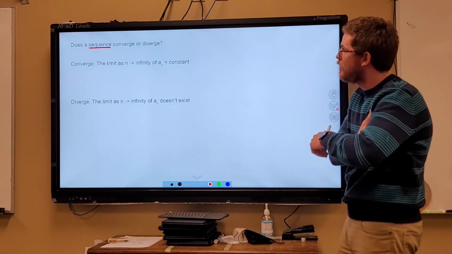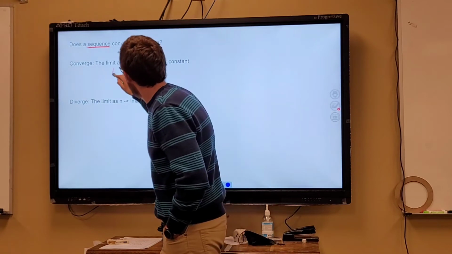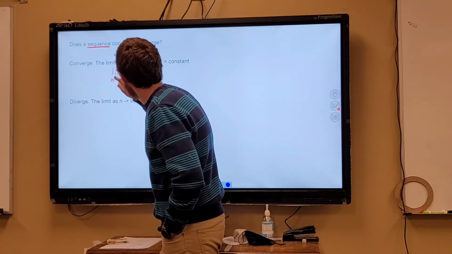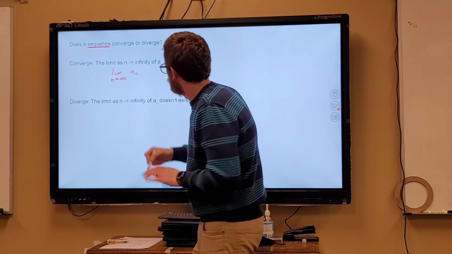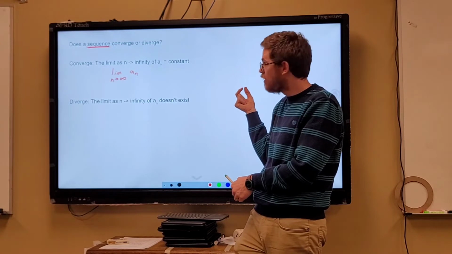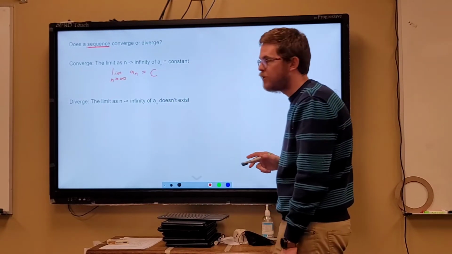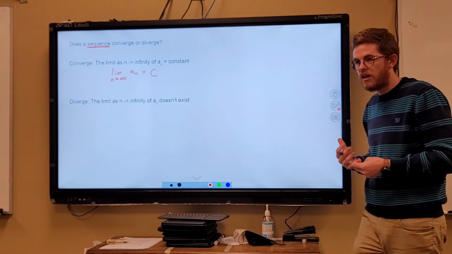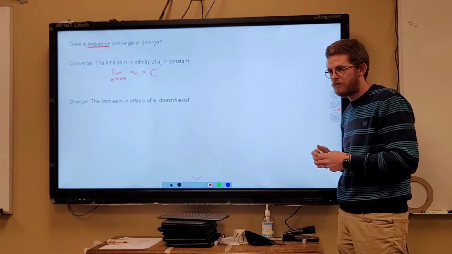A sequence converges if our limit as n approaches infinity, so as we look at that infinite term, the last term of our sequence, equals a constant value. Then it has converged at a nice constant value.